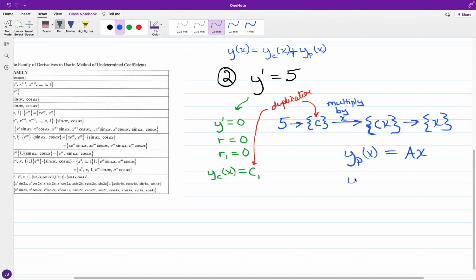Alright, so we have y sub p of x equal to a times x. If I take the first order derivative, I'm going to have y sub p prime of x equal to a. And notice I have y prime is equal to 5. So if I were to set y sub p prime equal to 5, on the one end, I have y sub p prime of x is equal to a, and y sub p prime of x is equal to 5.